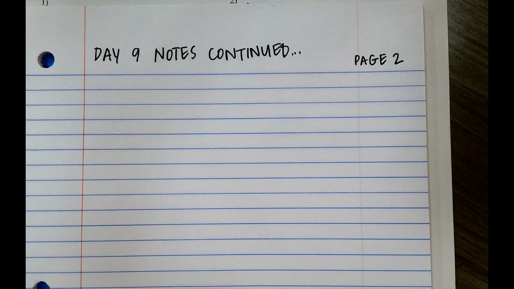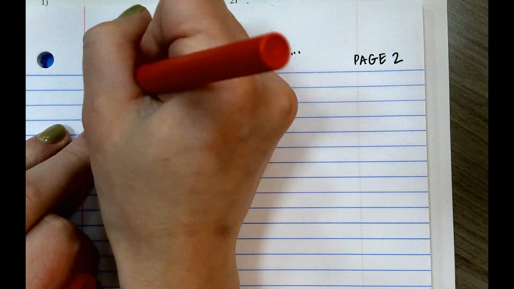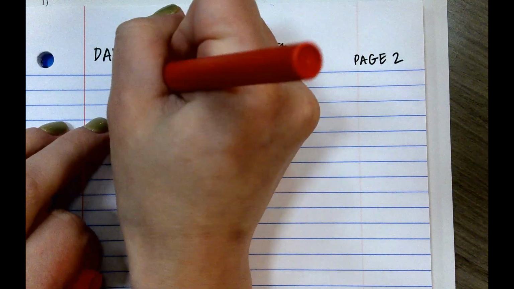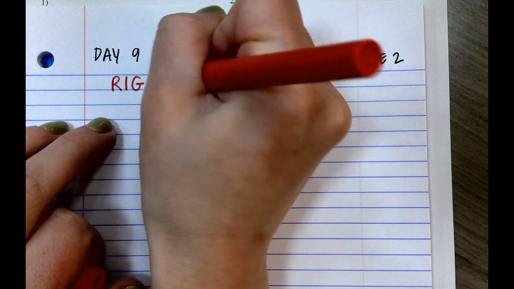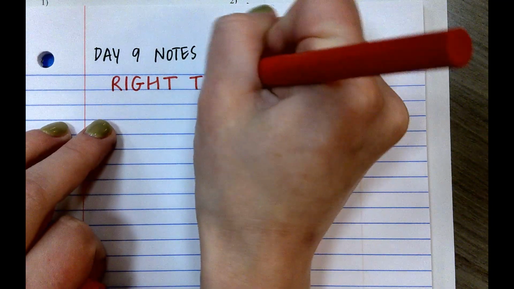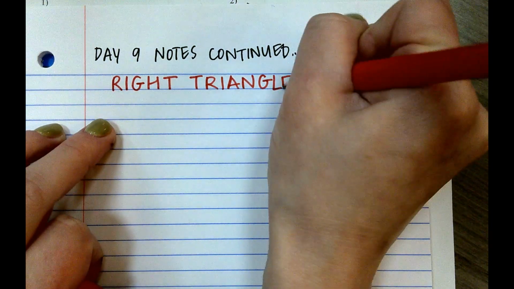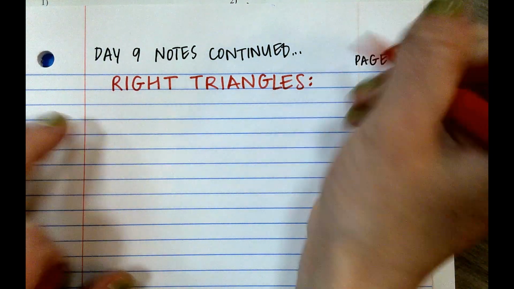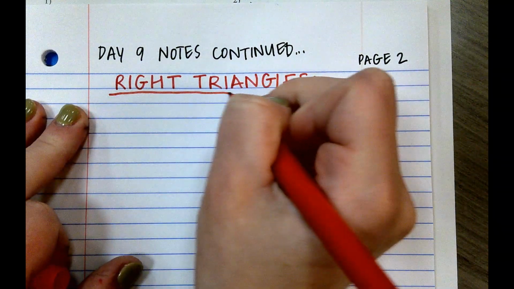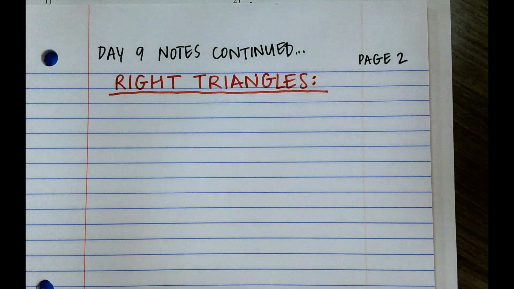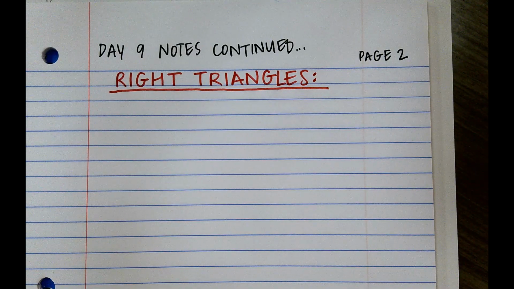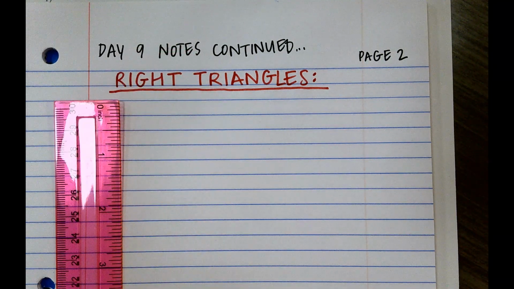So we are focusing specifically now on right triangles. Specifically those triangles with one 90-degree angle. And what we'll do is we'll start by drawing a big right triangle.